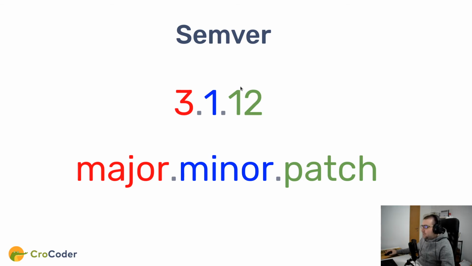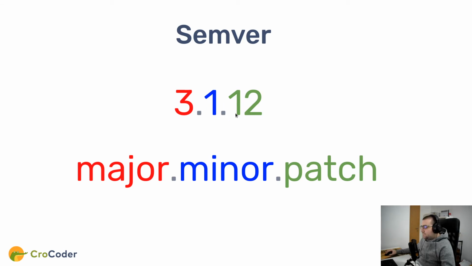And the patch number is for bug fixes. Every time we create a bug fix, or we see some bug, or a label written wrongly, we actually just bump our patch number. So 3.1.12 means this is at least the 3rd major version of code.